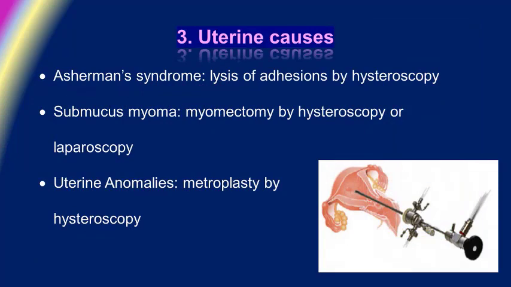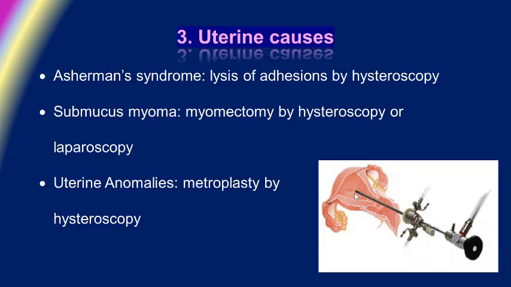Third management is the management of uterine causes. Asherman syndrome is adhesion inside the uterine cavity. We can remove the adhesion by hysteroscope. This is the hysteroscope, a scopic surgery that enters inside the uterine cavity for both diagnosis and therapy.